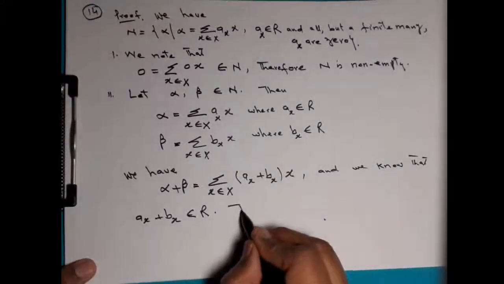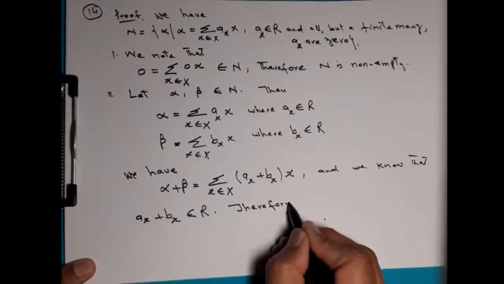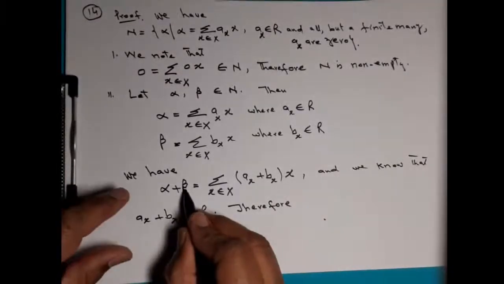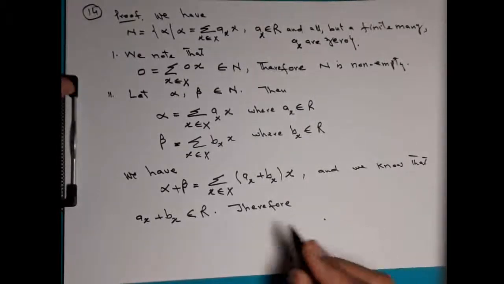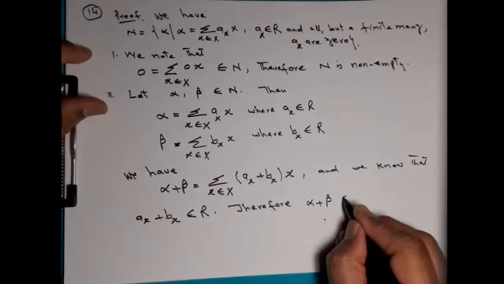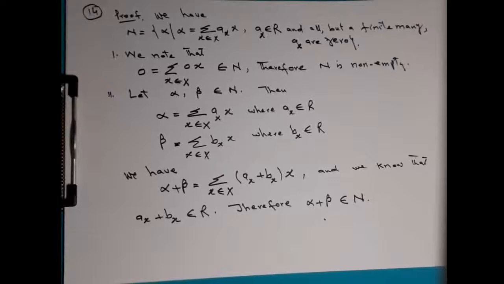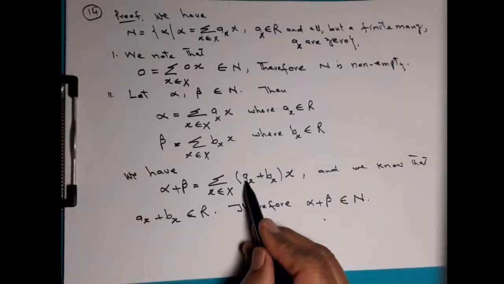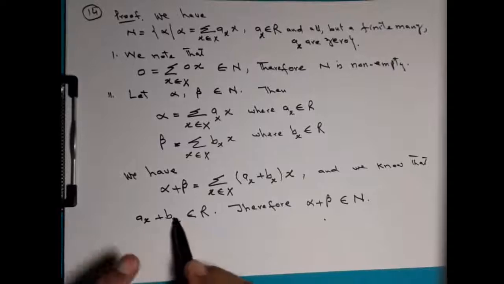Therefore, alpha plus beta is again a linear combination of elements of X. Therefore, alpha plus beta belongs to N. And this can be seen very easily, since finitely many a_x are non-zero, finitely many b_x are non-zero, therefore finitely many a_x plus b_x are non-zero.